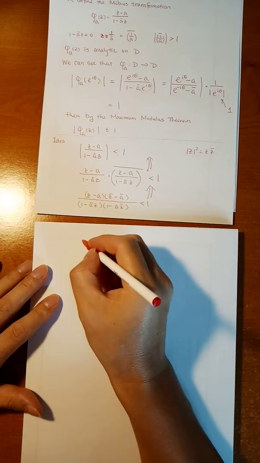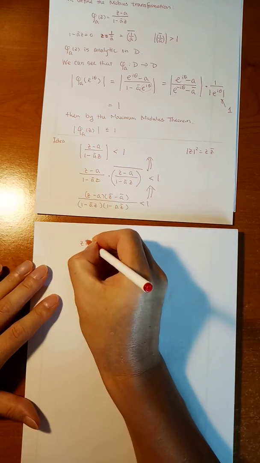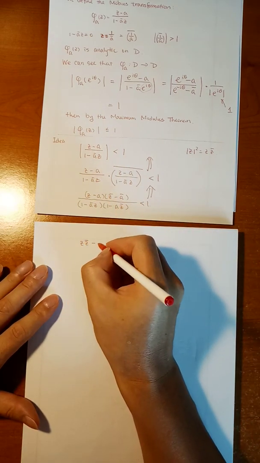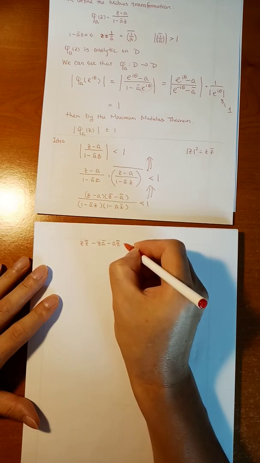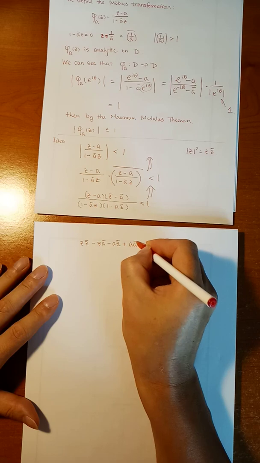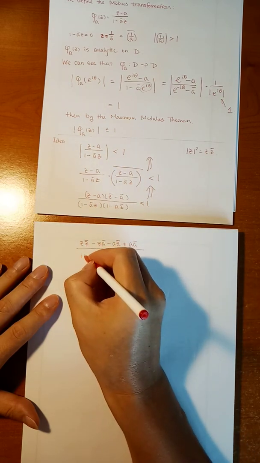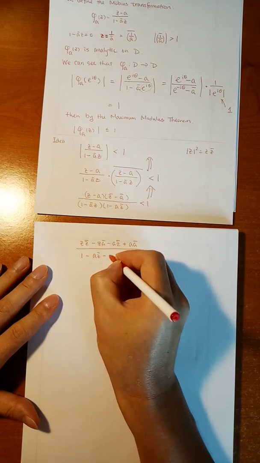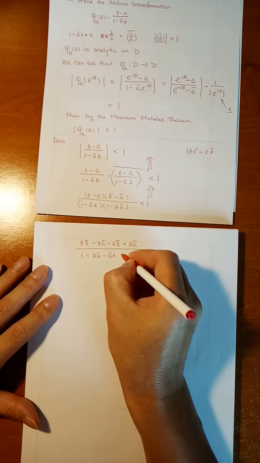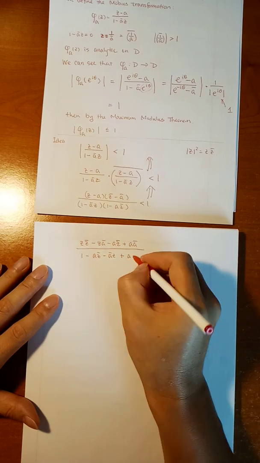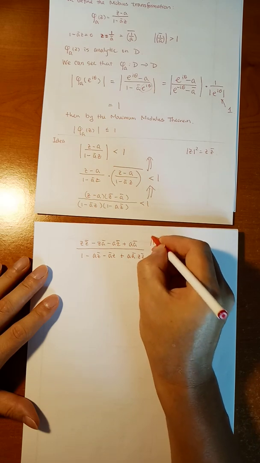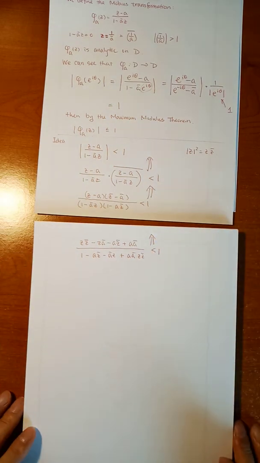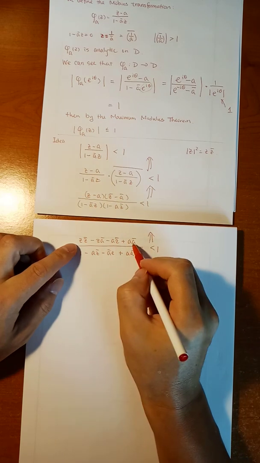And now you compute the numerator: z z bar minus z a bar minus a z bar plus a a bar. This is the numerator. The denominator is 1 minus a z bar minus a bar z plus a a bar z z bar, less than 1. Remember, we're going to go backward, and let's collect terms.